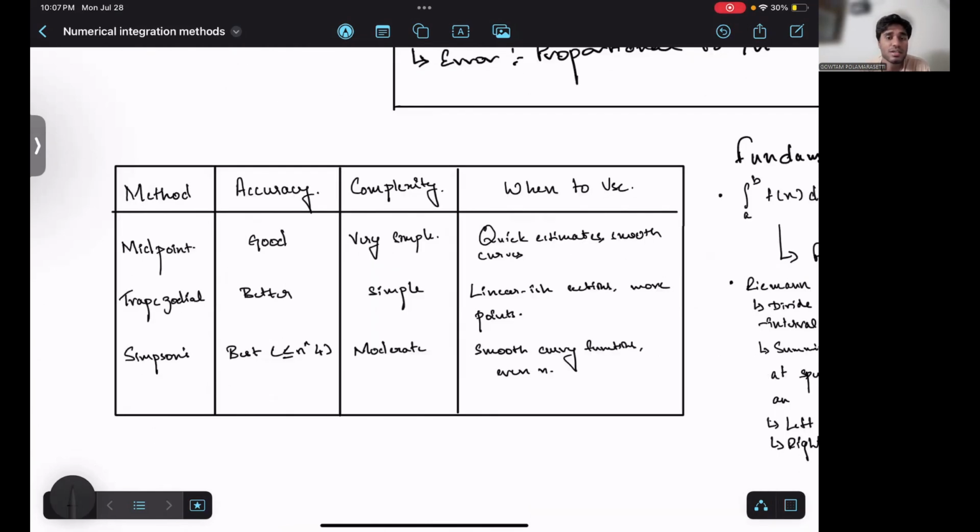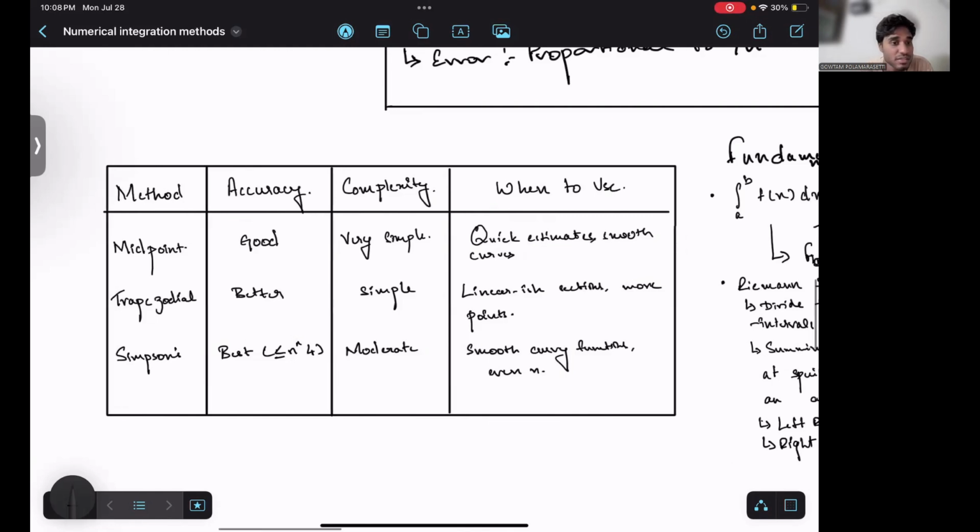Now that we understood the working of all three numerical integration methods, let's take a look at a small comparison between them. If you can see, the midpoint rule gives a good accuracy and the complexity is very simple. It is best used when we need quick estimates and we have smooth curves.